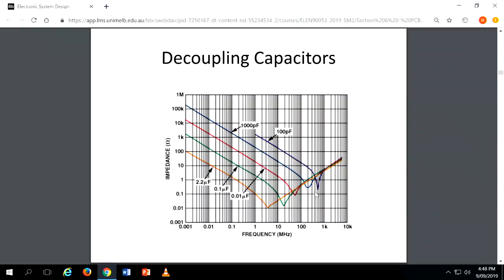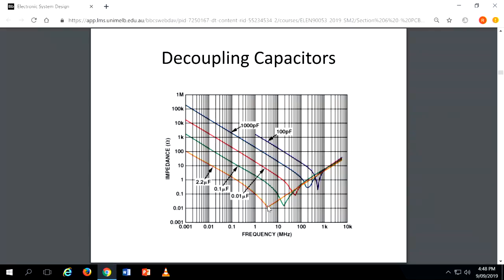For example, when we analyzed the noise, the switching frequency is 3 megahertz. So your switching frequency is 3 megahertz. Then which capacitor will you select? Yes, 2.2, because 2.2 has the lowest impedance.